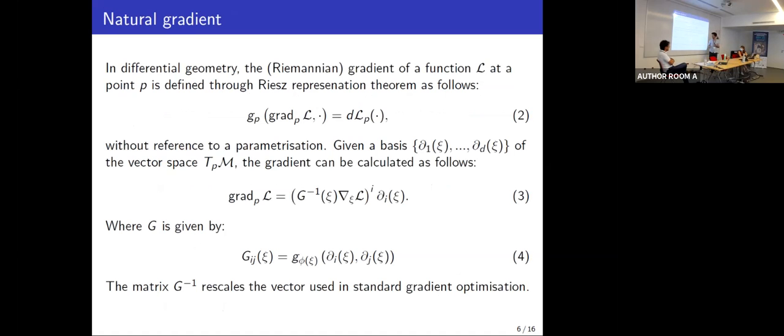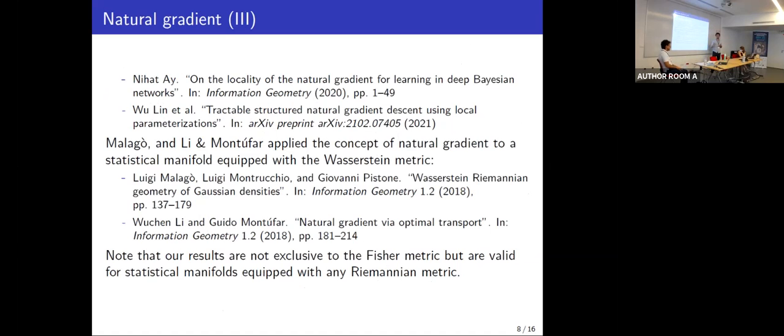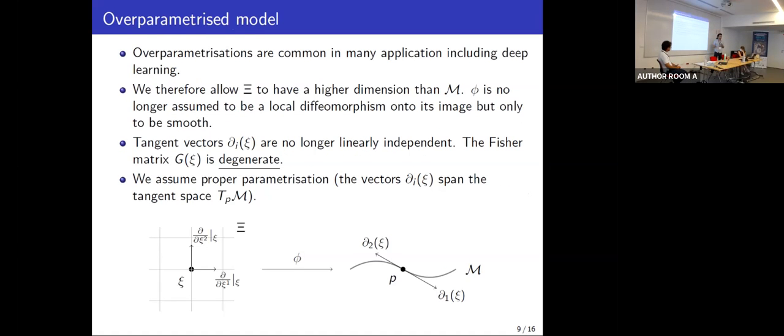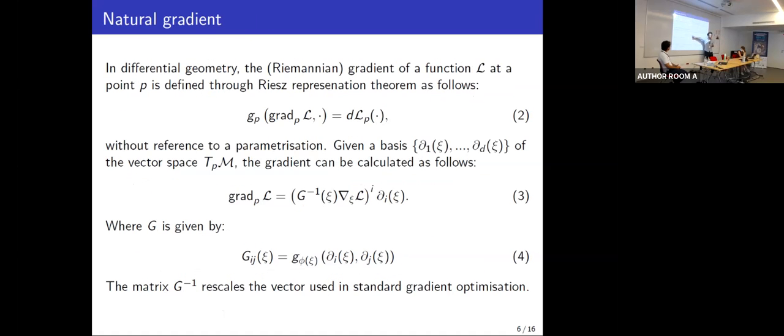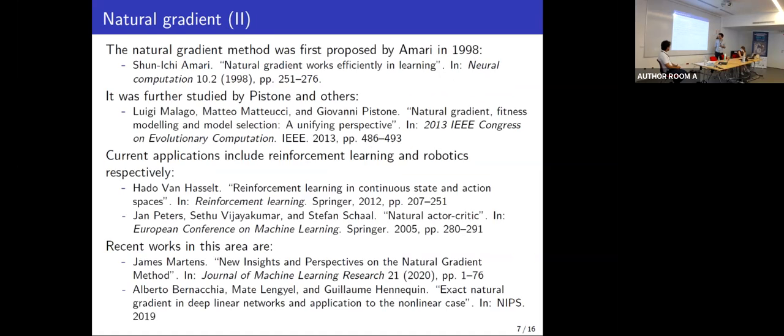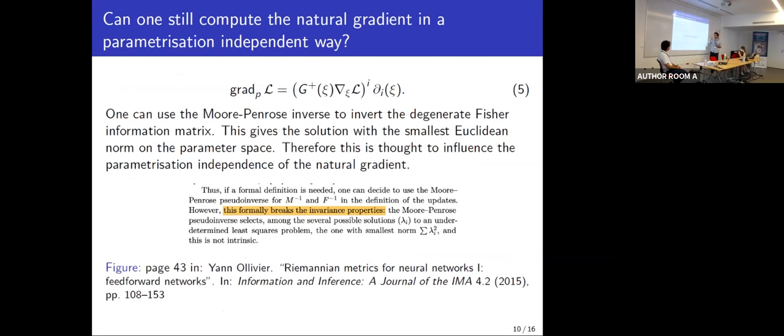So it's no longer mapping on the full d-dimensional space, but there are some directions where it's mapping to 0. And what that means is that you can't do this inversion anymore, because that is only possible for non-degenerate matrices.